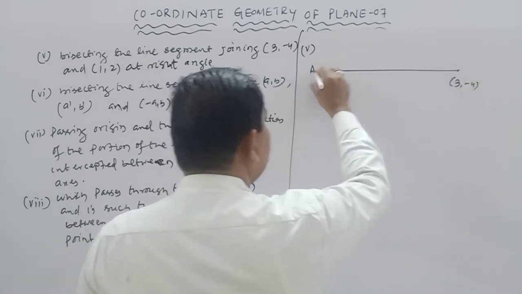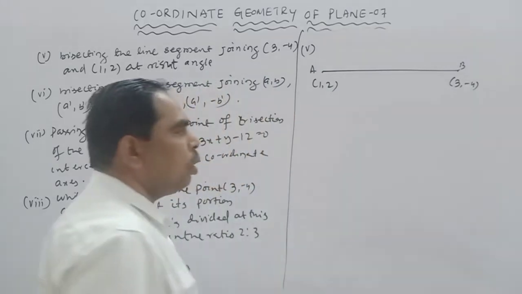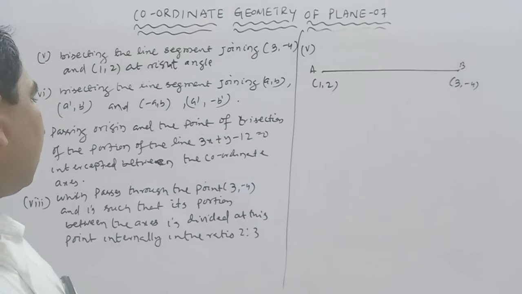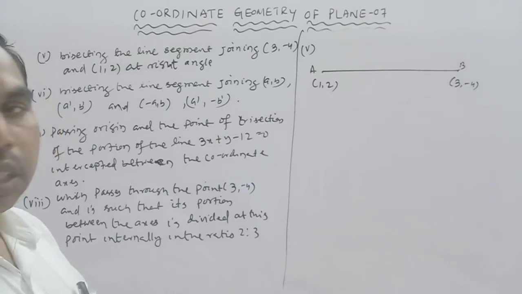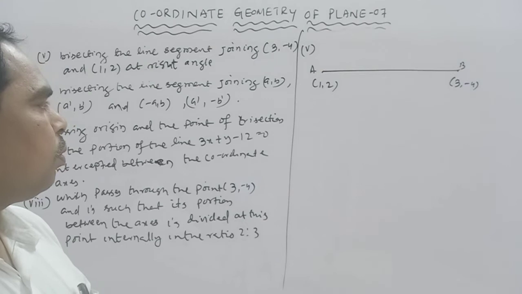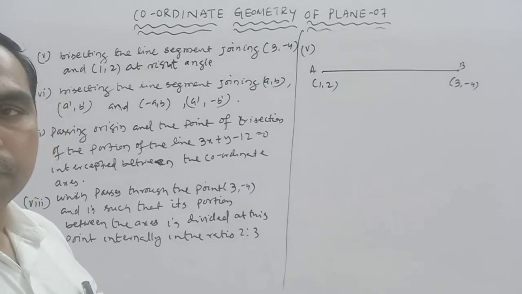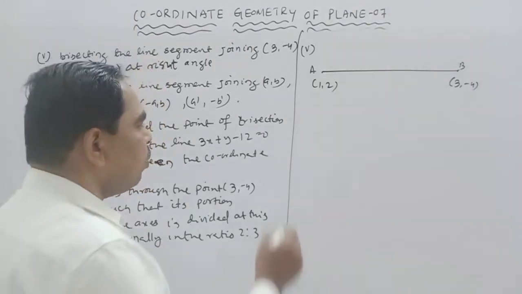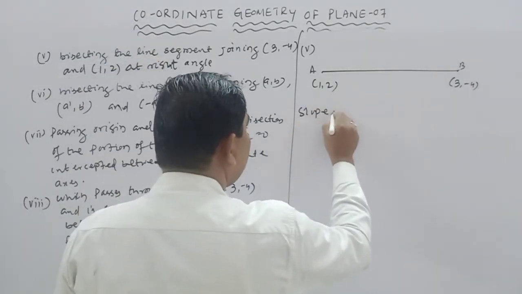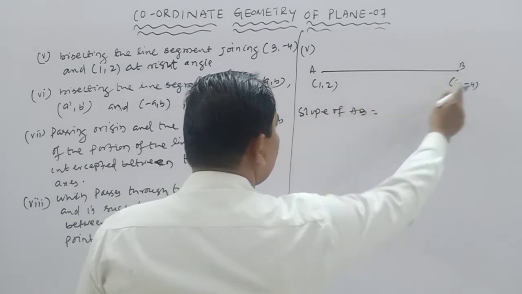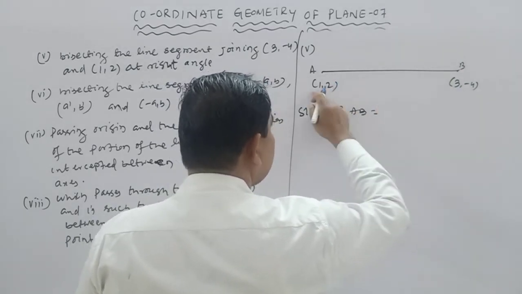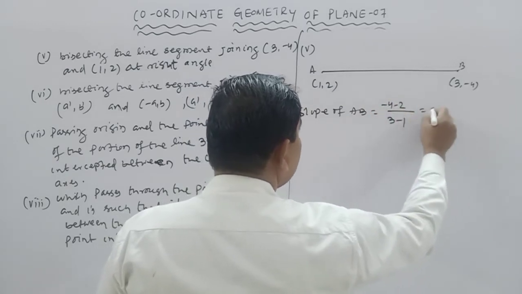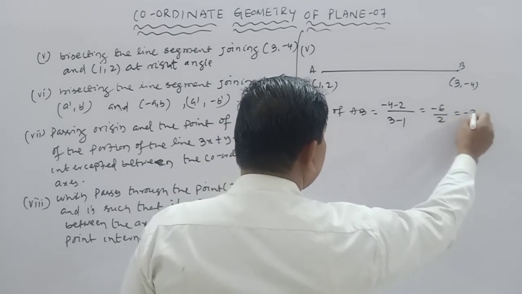This is point A, this is point B. What is the slope of the line AB? Find the slope of AB. Slope of AB is equal to (y2 minus y1) divided by (x2 minus x1), (-4 minus 2) divided by (3 minus 1). So -6 by 2 is equal to -3. This is the slope of AB.